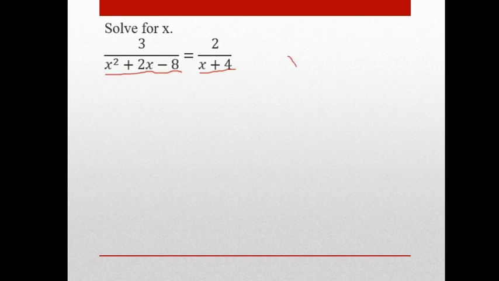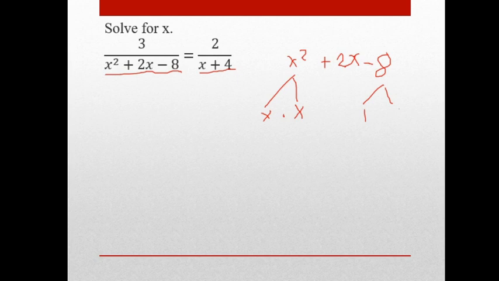Paano ginagawa yon? X squared plus 2x minus 8. Ginagawa lang dyan, pa-factor out x times x. Diba? Tapos si 8, may iba't ibang factor siya.